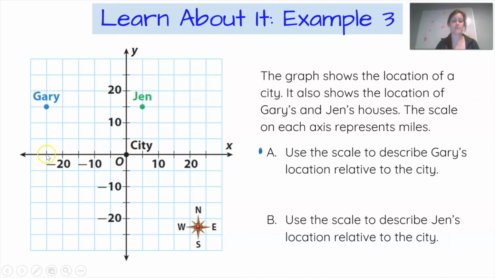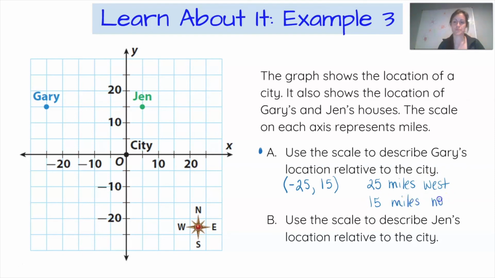So I needed to go 25 miles to the left or west of the city, and I needed to go 5, 10, 15 miles north of the city. I can do that in two ways. I can write that as an ordered pair, negative 25, 15, or I can say 25 miles west and 15 miles north.